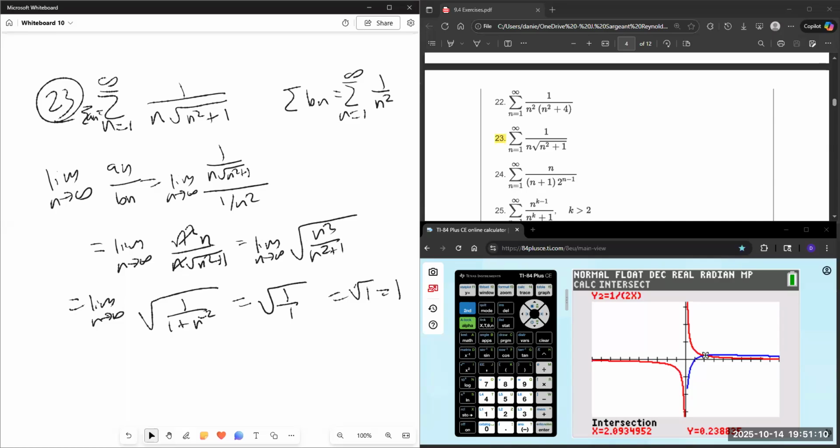So because that's positive, that means that the summation for An and the summation for Bn both converge or both diverge.